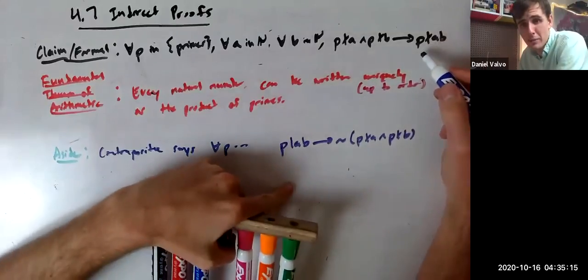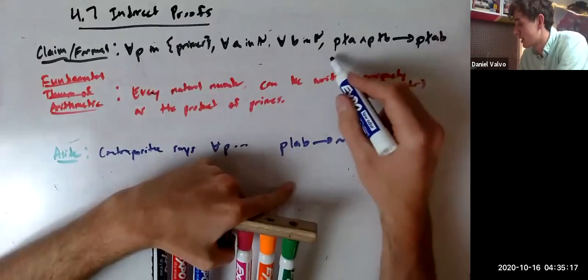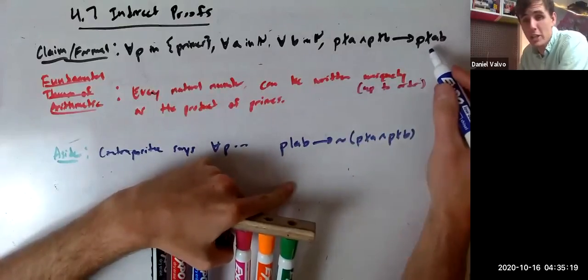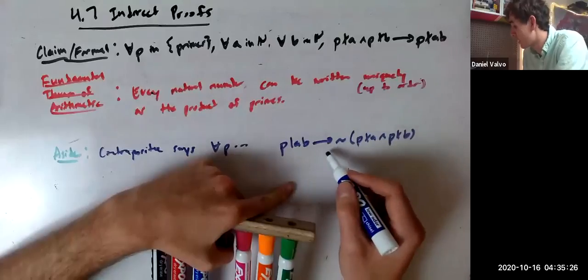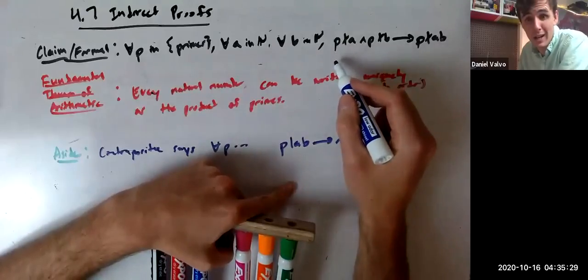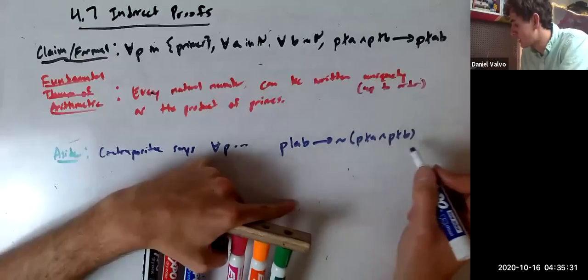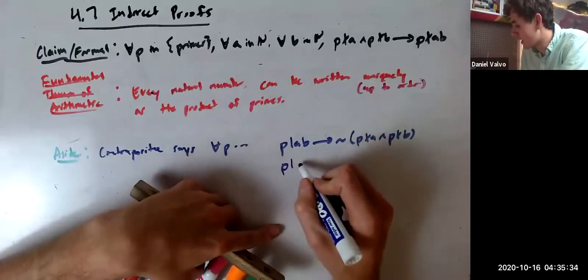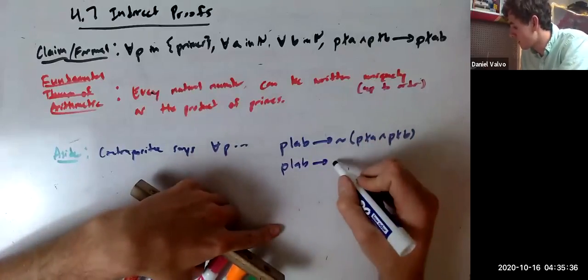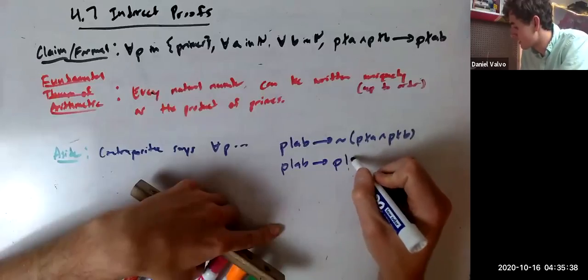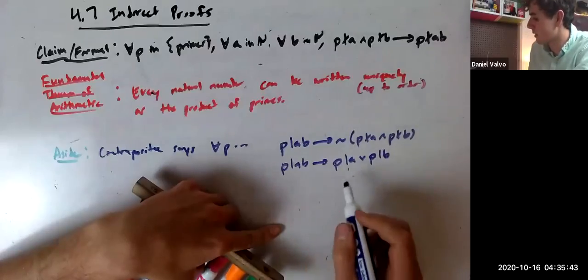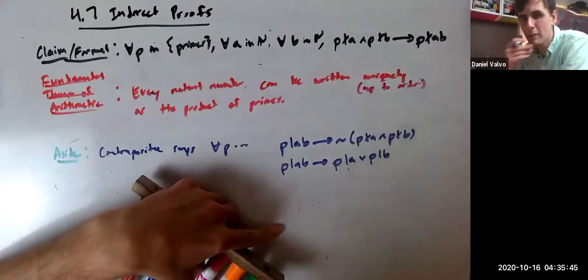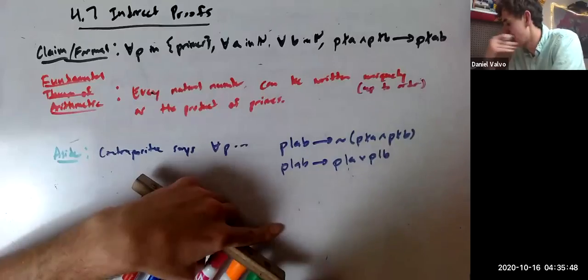The contrapositive is, you take the negation of the conclusion, which implies the negation of the hypothesis. So the negation of P doesn't divide AB is that P does divide AB. And this will imply the negation of P doesn't divide A and P doesn't divide B. But by De Morgan's law, this is saying that P divides AB implies that P divides A or P divides B. Just distribute that negation and flip the AND into an OR.